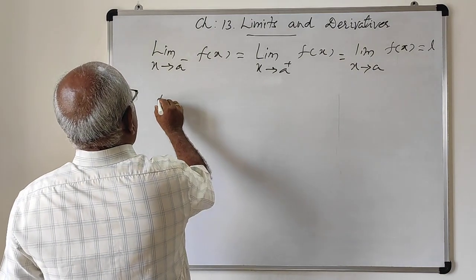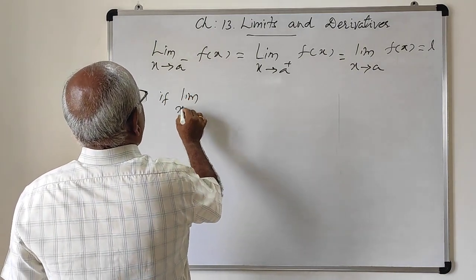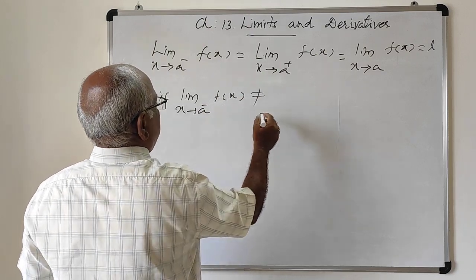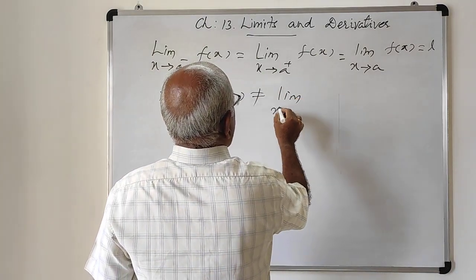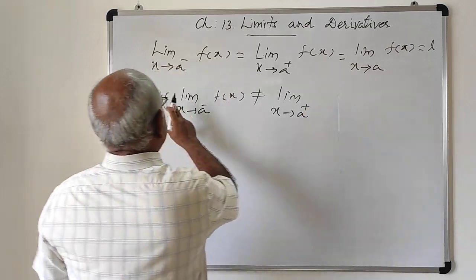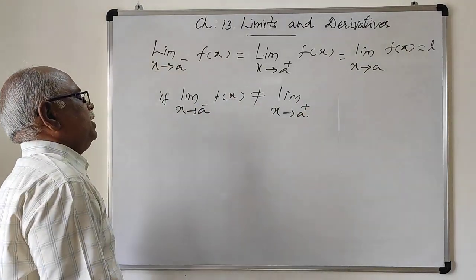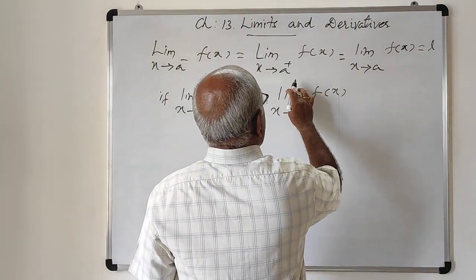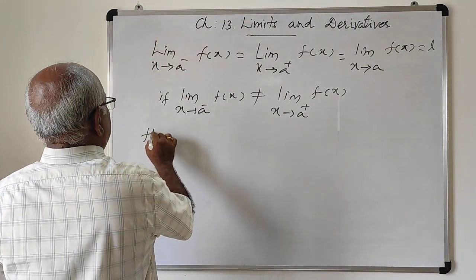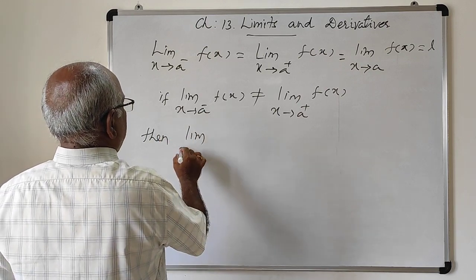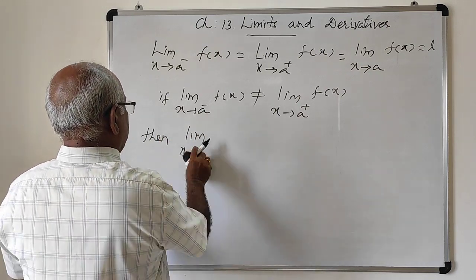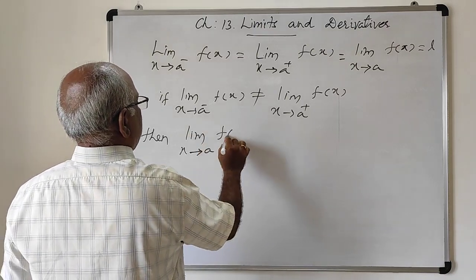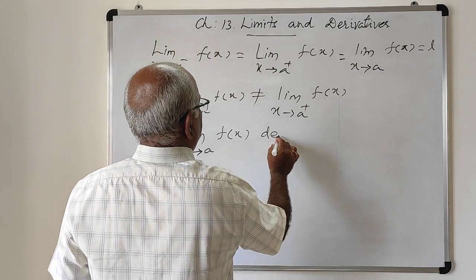If limit x tends to a minus f of x is not equal to limit x tends to a plus f of x, then limit x tends to a f of x does not exist.